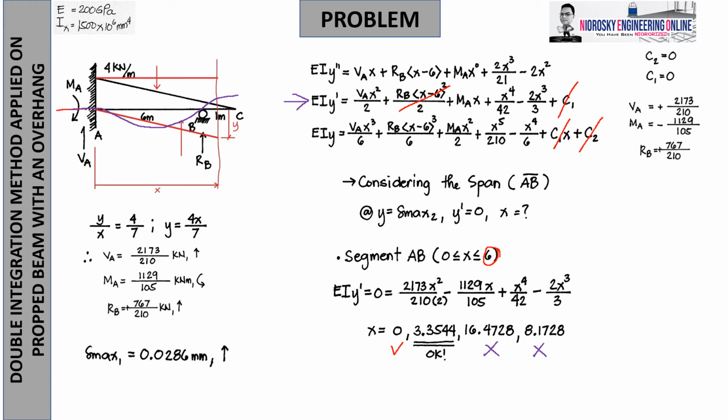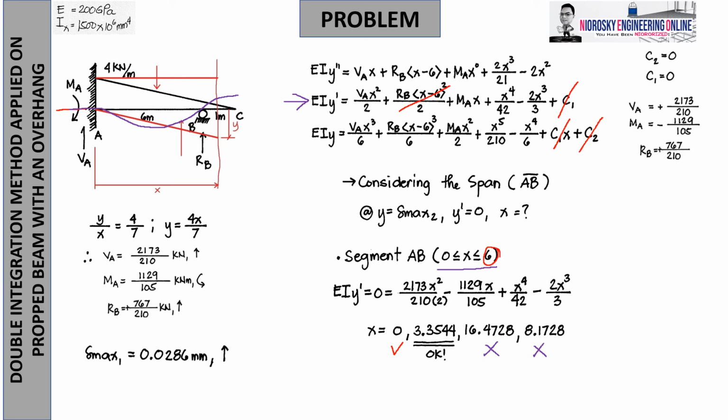And we will try to check if 3.3544 is acceptable. And this is acceptable because it is in between 0 to 6. So, we will try to solve at x is 3.3544. What would be the result of delta max 2 in comparison later for delta max 1? To declare who is greater, that should be the maximum deflection, regardless of the direction.